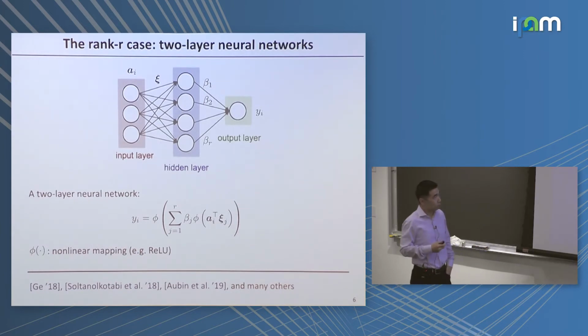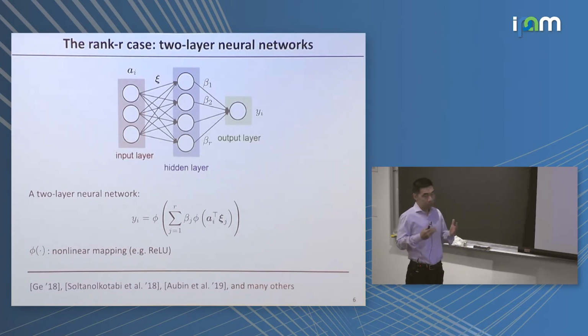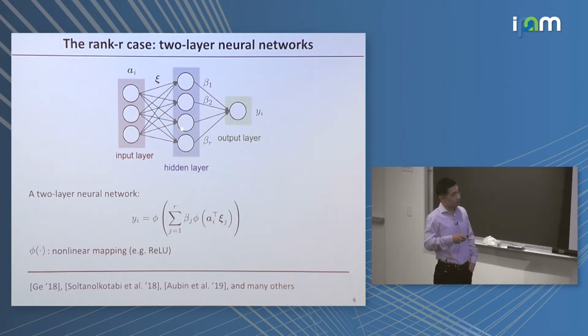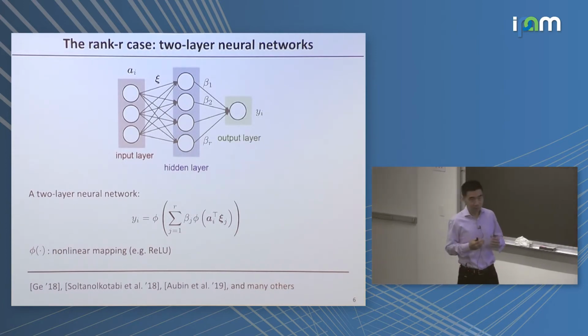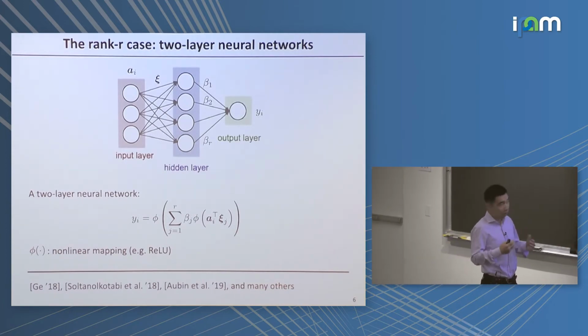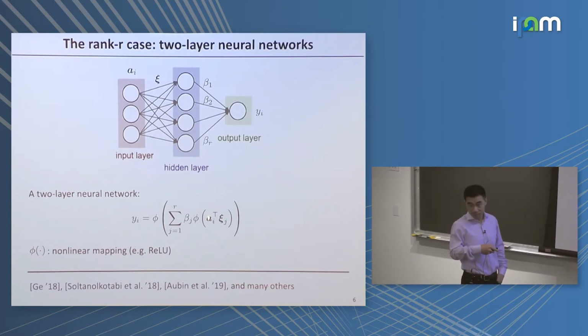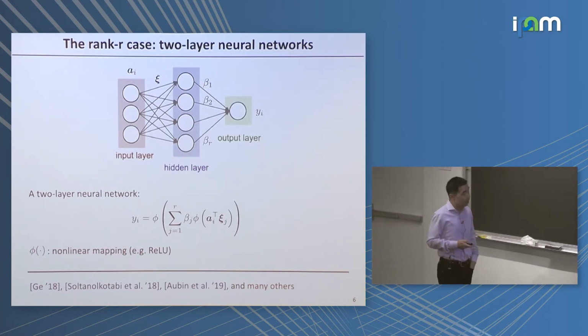I want to remark that inherently what we're assuming is that the input dimension is high and the rank R of the subspace is low. So this model only captures a very narrow network instead of a wide neural network. The number of variables in the hidden layer in this case is small, like a committee machine type of model.